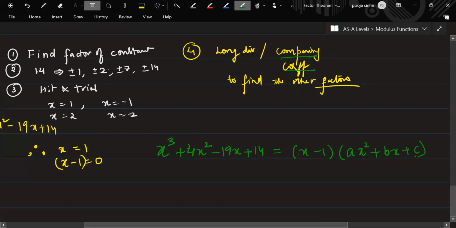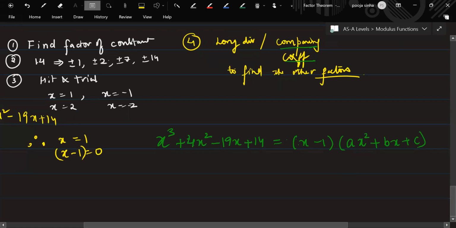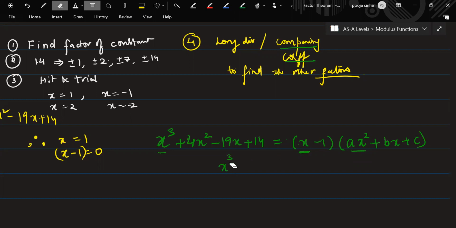Now, to get x cube, I need to multiply x with ax square, right? So a should be 1, yes. But why aren't we multiplying minus 1 also? Why are we only doing x into? Because I need to get x cube. We will be doing for everything. So I'll just multiply it so that it becomes easier for you.